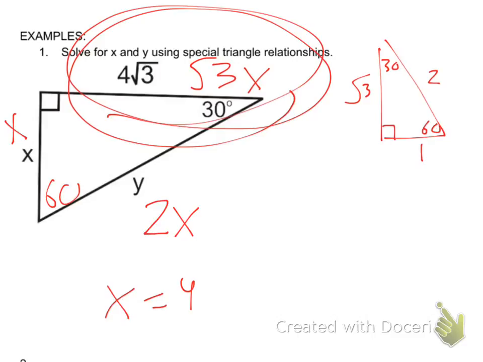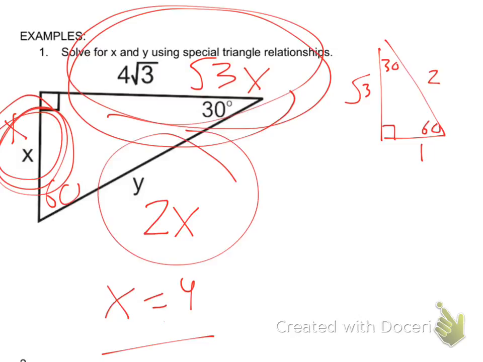What does x have to be to make it 4 square root of 3? 4. And that x corresponds with this x here, which happens to be the x I'm trying to solve for, which is why I said it's 4. Y happens to be 2x. If x is 4, then y has to equal 8.